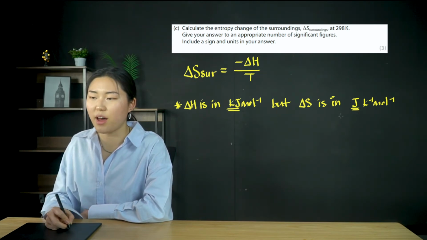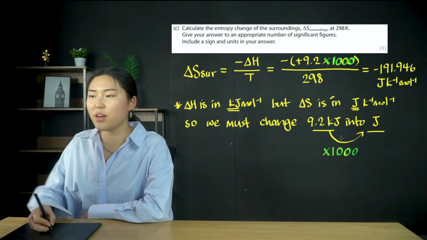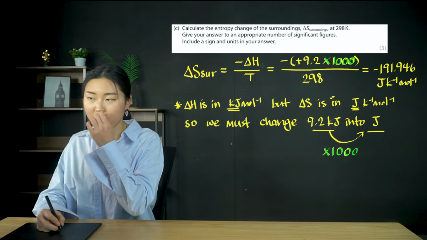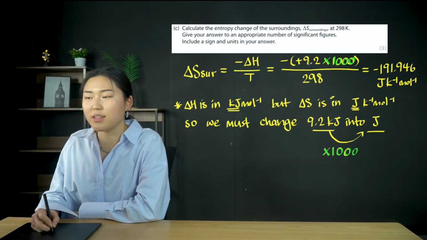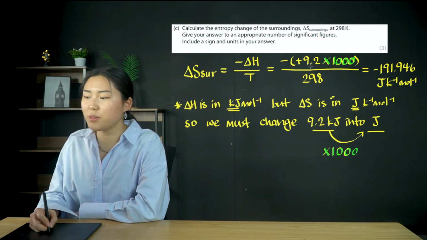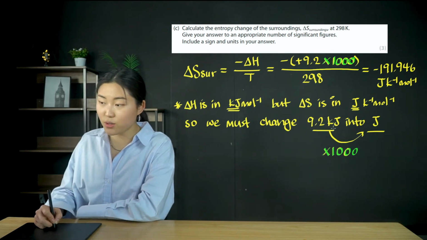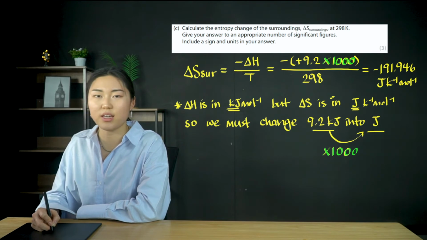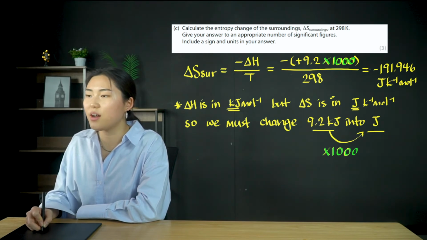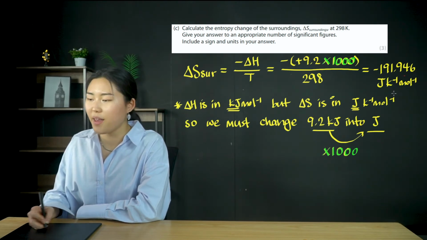We need to get rid of that kilo prefix. So we have already calculated 9.2 from our previous question as the enthalpy change, and we're going to times it by 1,000 because we need to change kilojoules into joules, and then divide it by the temperature 298 K, okay? Then you should end up with minus 191.946 joules per Kelvin per mole, okay?